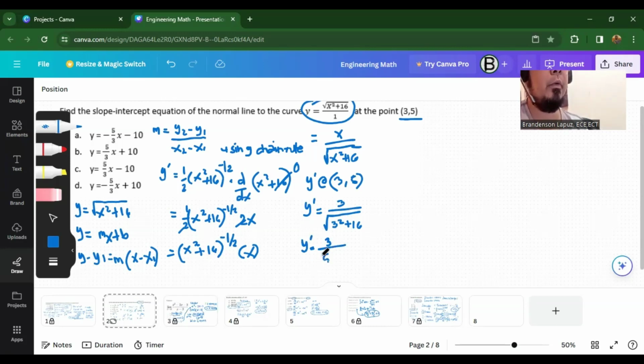Now, this is your slope of the tangent line. How to get the slope of a normal line?